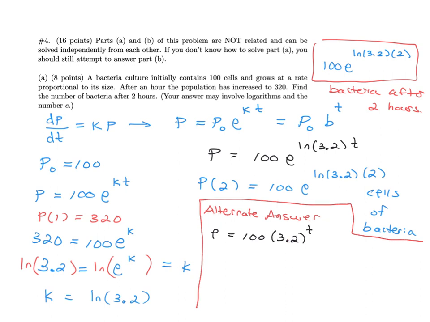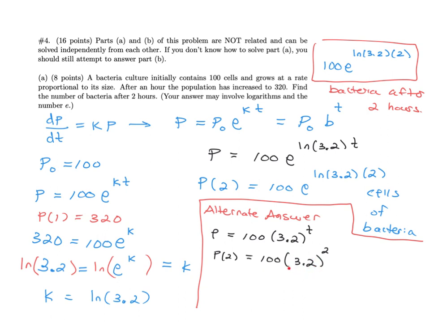Again, this 3.2 is equivalent to this, so I can replace this with simply 3.2 to this power. Here, to figure out P at 2, that is equal to 100 times 3.2 squared. And this would be cells of bacteria after 2 hours.